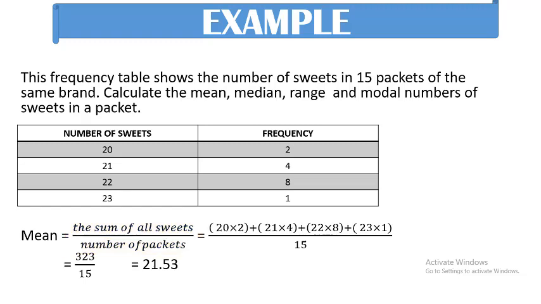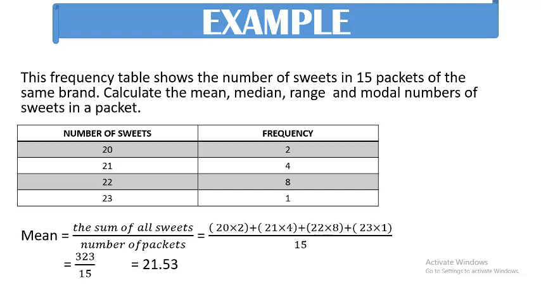The next step, we are going to find the sum of all sweets by multiplying the number of sweets by frequency. So we are going to multiply 20 by 2. Why? Because there are 2 packets with 20 sweets. So for us to find the total, we need to multiply the number of sweets by the number of packets. So 20 times 2 plus 21 times 4 plus 22 times 8 plus 23 times 1.